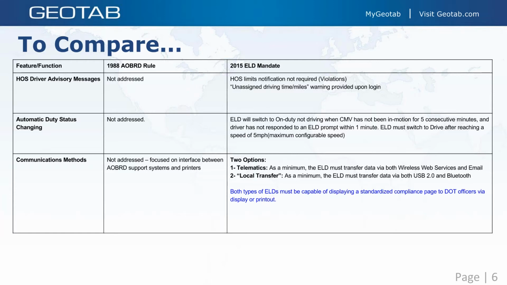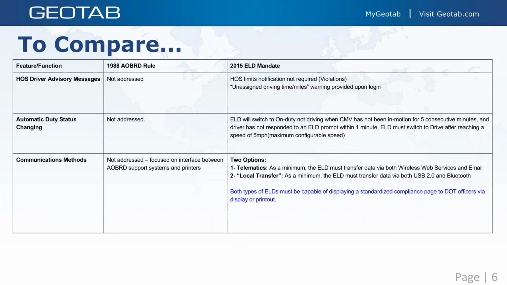Automatic duty status changing was not addressed. There were never really any criteria for what these automatic duty status changes would do. Now in the ELD mandate, they specify that the ELD will switch to on duty, not driving, when the CMV has not been in motion for 5 consecutive minutes. At this mark, the ELD will give a pop-up message saying, this vehicle has been detected to not be moving.